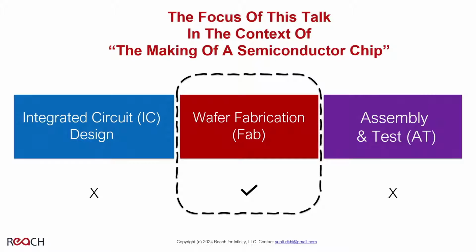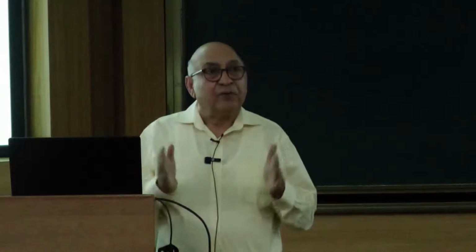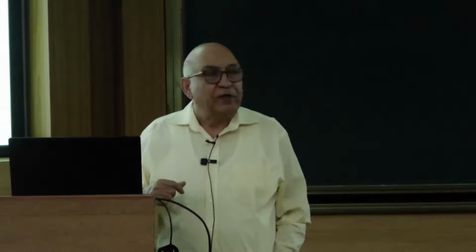And then after that is done, assembling individual chips and testing them at a unit level are all done by the purple box called assembly and test. Before I begin, I want to say that my focus will be in the wafer fabrication. That is the focus. Although in Q&A, we can talk about anything left or right of the center box.